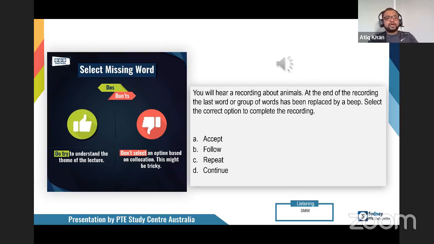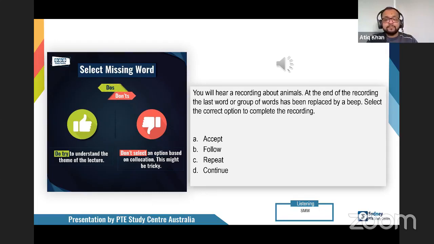What you must not do is don't select an option based on collocation, as mentioned earlier. It might be a trick, and the system might be trying to trick you. So Ali, let's say if I say school, maybe you're thinking about school bus or school timetable. These are the words that are coming up in your mind.